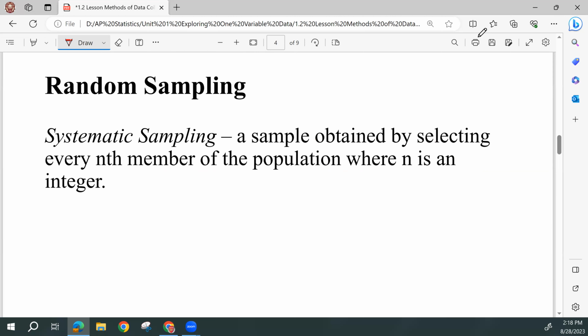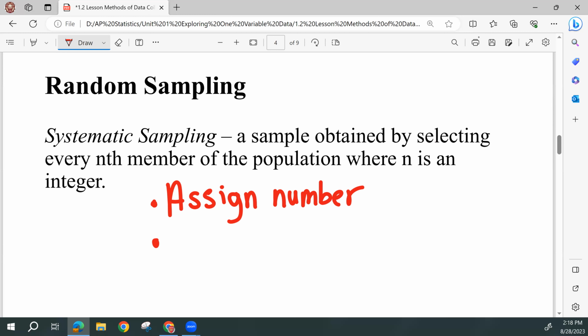In systematic sampling, we again would want to give everybody a number. So I'll stick with assigning a number. We're going to randomly generate the first person.